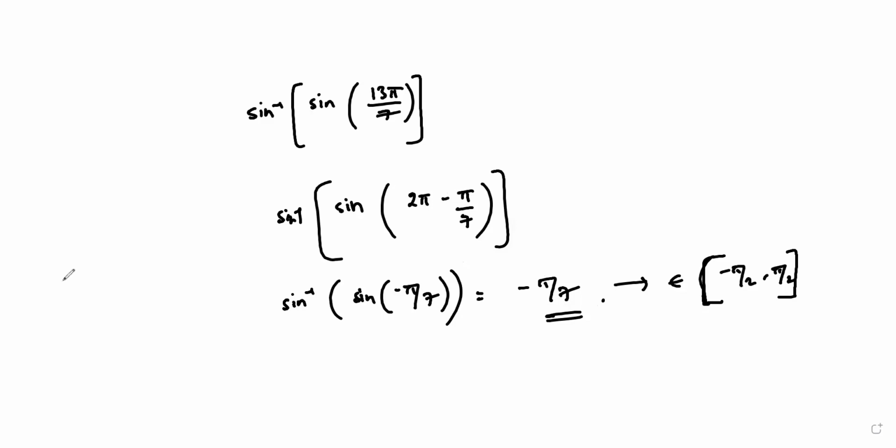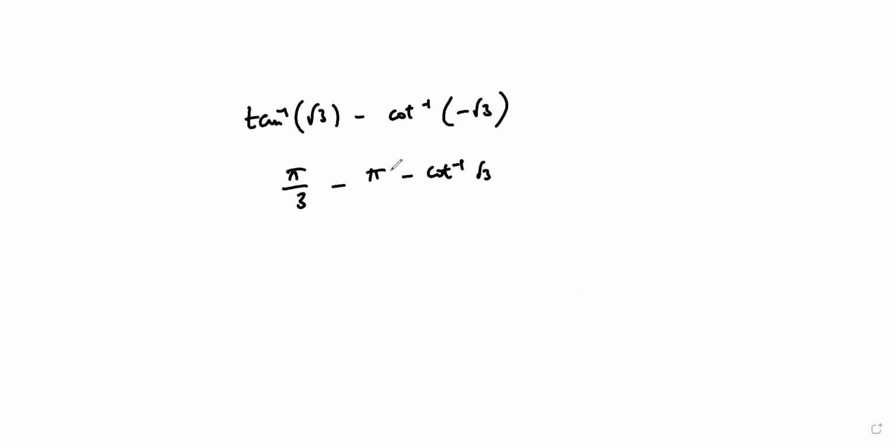Next question, sir. Find the value of tan inverse of root 3 minus cot inverse of minus root 3. Directly you can write this as pi by 3 minus cot inverse of minus root 3, which is pi minus cot inverse of root 3. So this I can write as pi minus tan inverse of 1 by root 3.